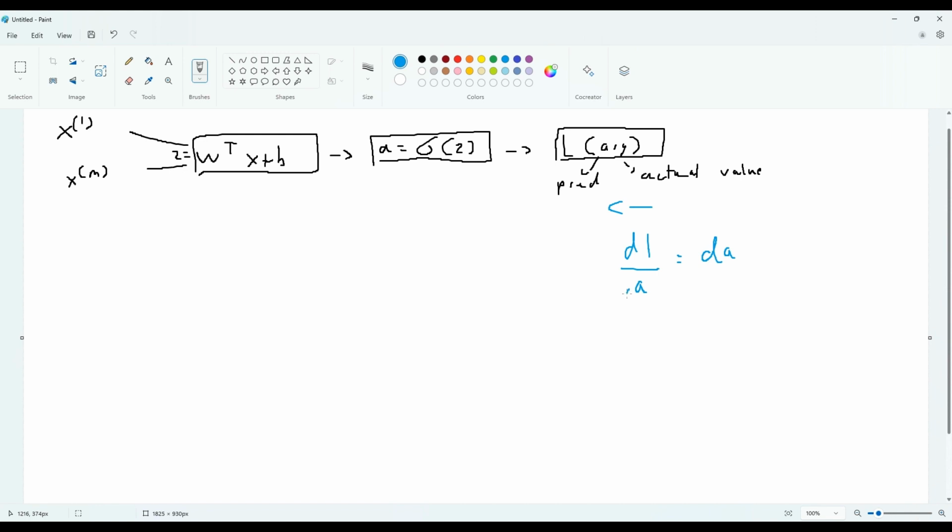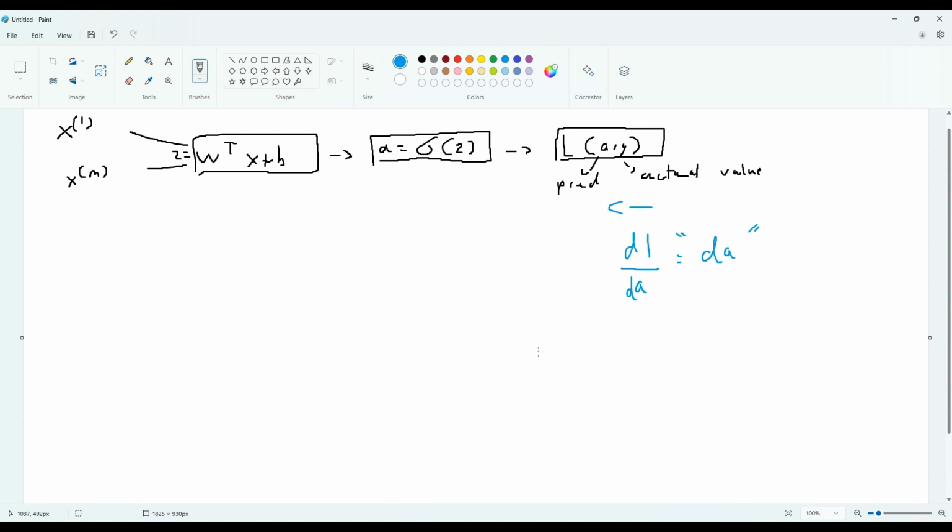Sorry, this should be with respect to a. So this is the derivative of our a, right? And it should make sense to you, because I hope you're building an intuition, because this output is dependent on this one.